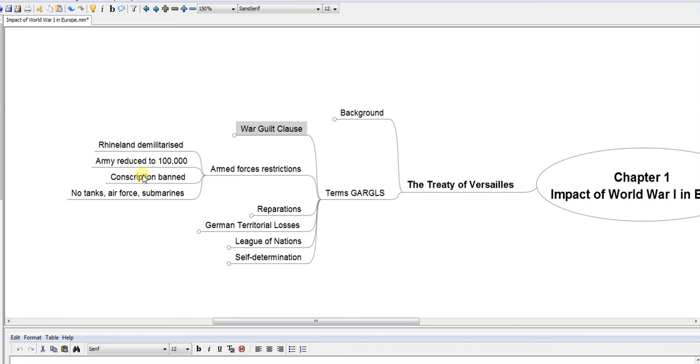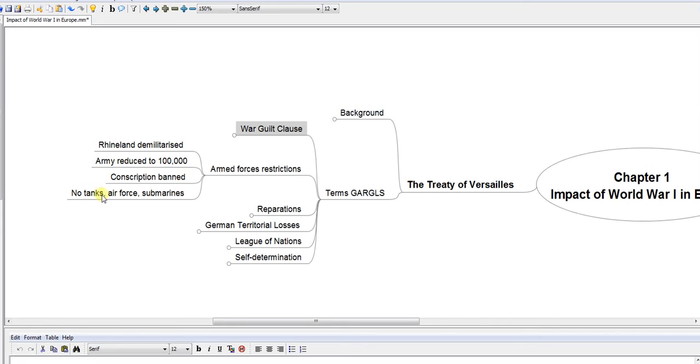Also, conscription was banned. The army was already so small, and the German government could not conscript soldiers. Conscription is like NS, making young men join the military without being able to choose. So yes, conscription was banned.